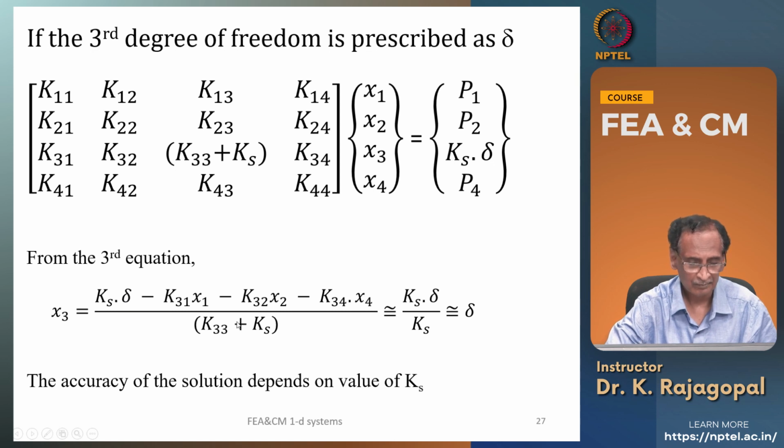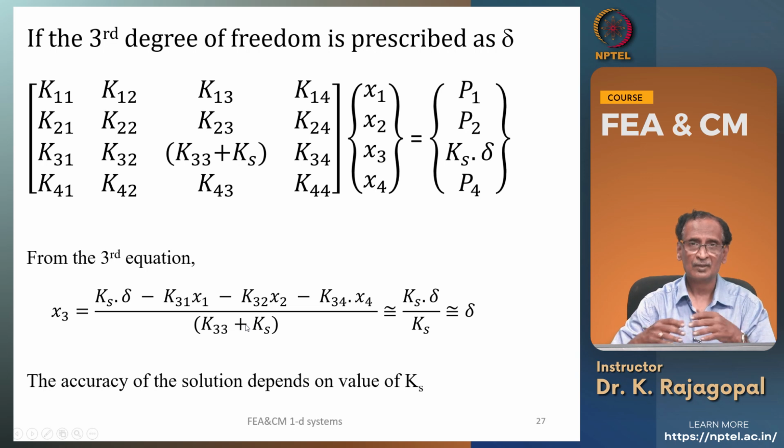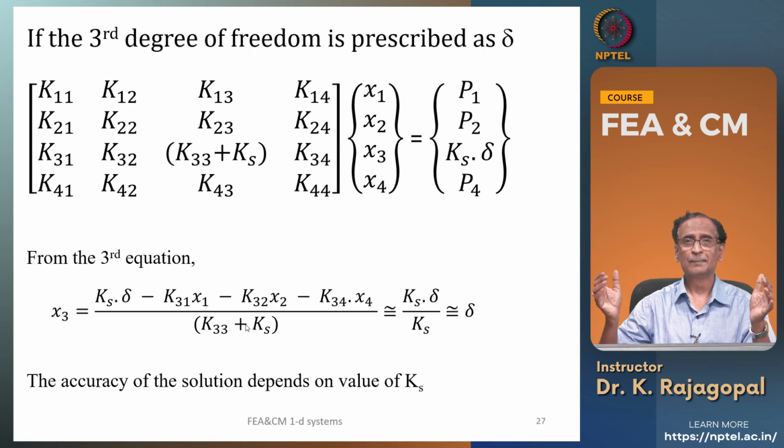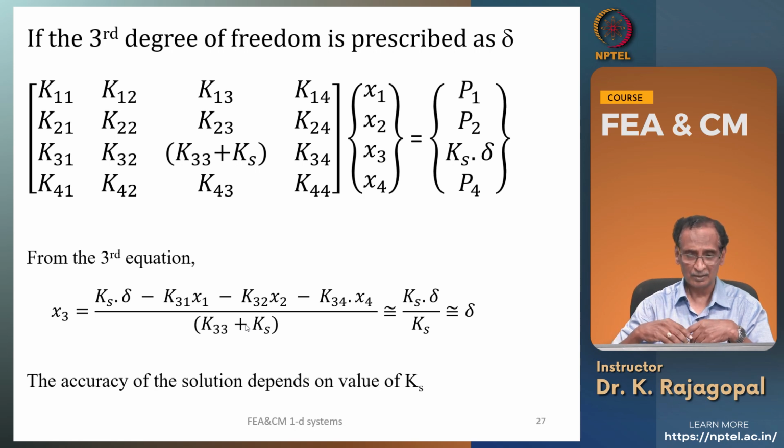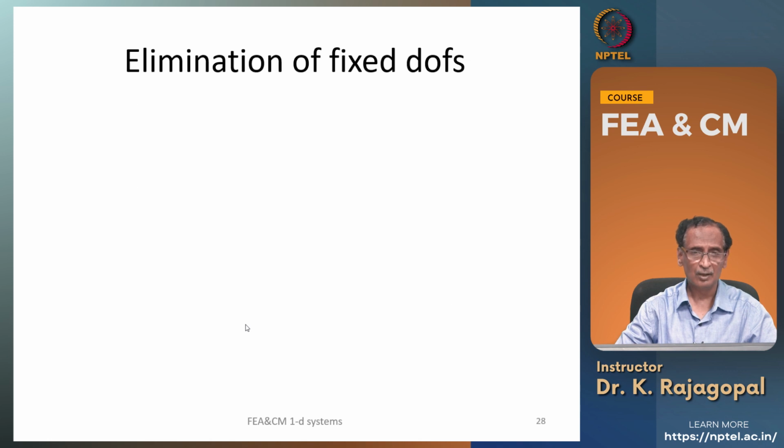Okay. But then if we make it very large, we could have some round off errors when we are doing the computations. So, we have to have a balance between the computational accuracy and this boundary spring stiffness that we give. Okay.